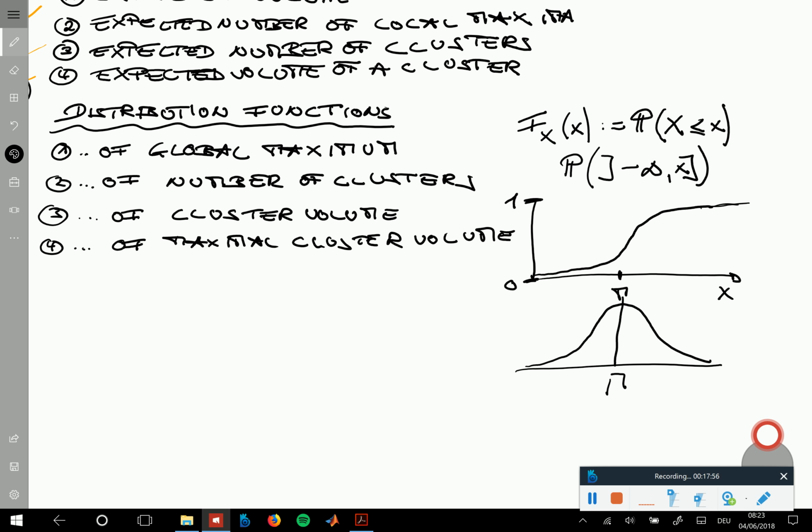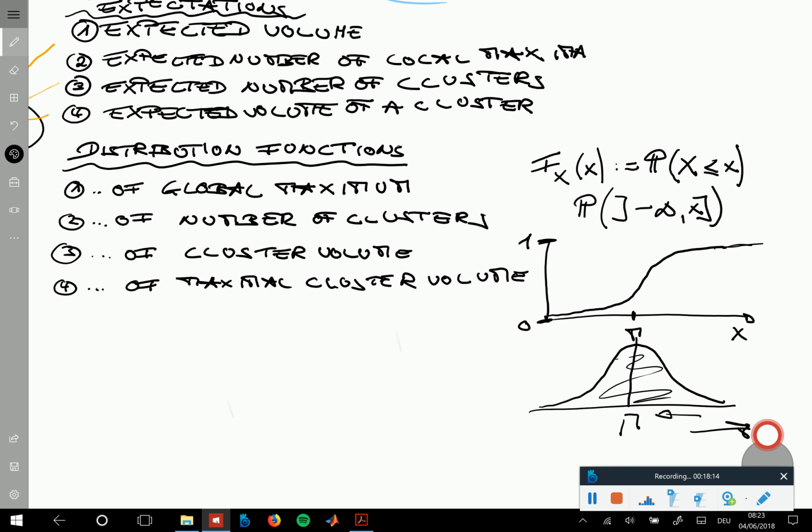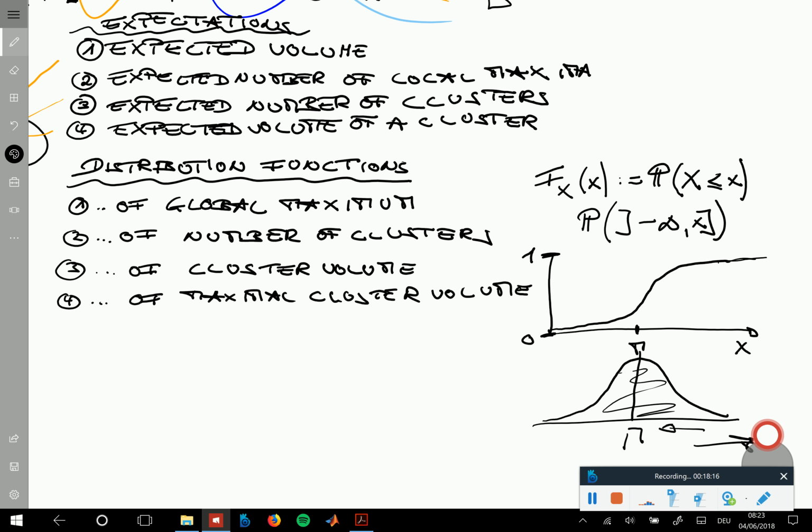If you go out very far, then the probability that the random variable is somewhere in this direction is almost 1. So that's the distribution function, and we will need these to define the p-values. That's one step ahead, but it's actually the motivation also to go over all these expectations.